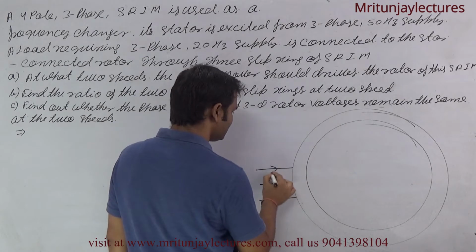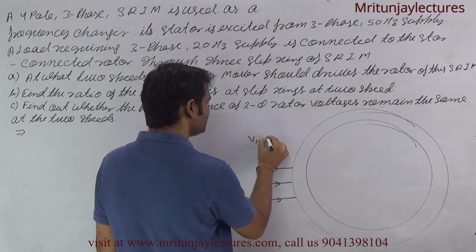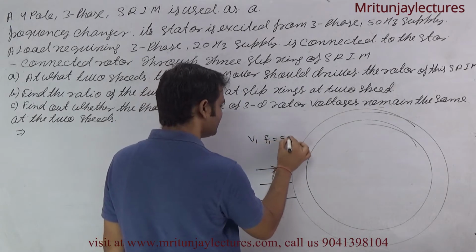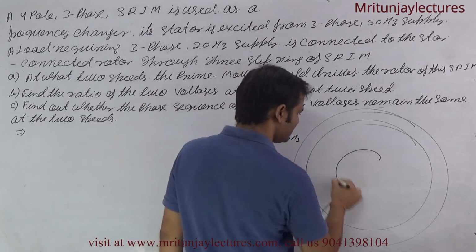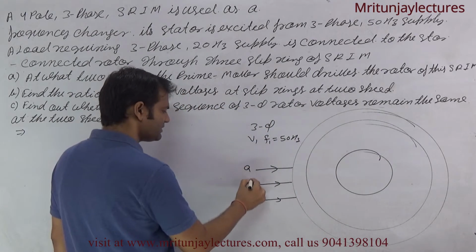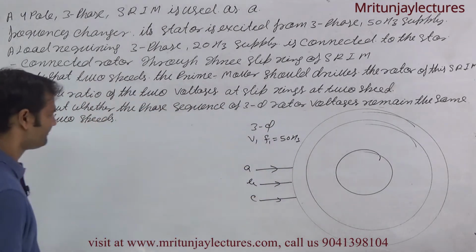The stator winding is excited by voltage V with frequency F1, which is equal to 50 Hz. Okay, a 3-phase supply on the stator. Suppose the phase sequence is ABC.